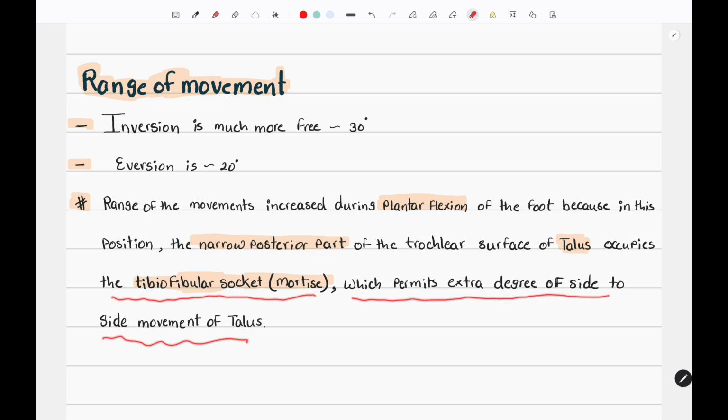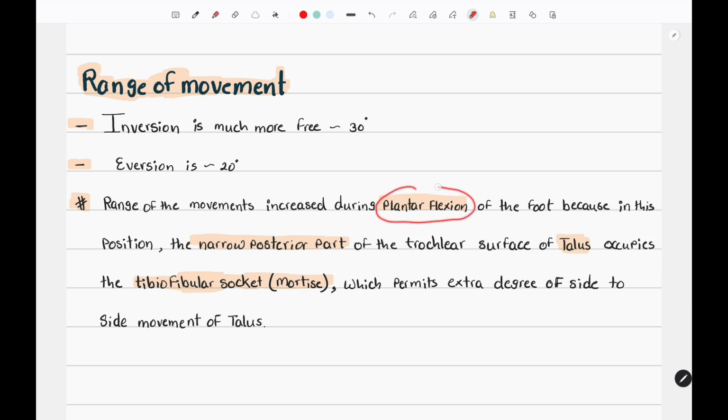talus. Now to understand this point, you need to have thorough information regarding anatomy, and what I am marking are these words: plantar flexion, narrow posterior part of the talus, and the tibiofibular socket or mortise.